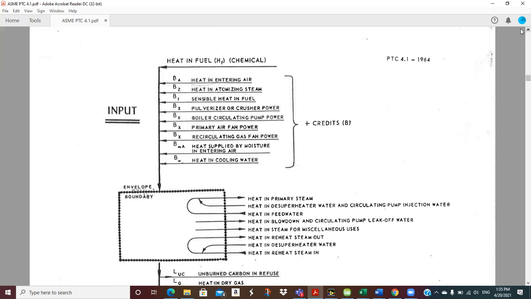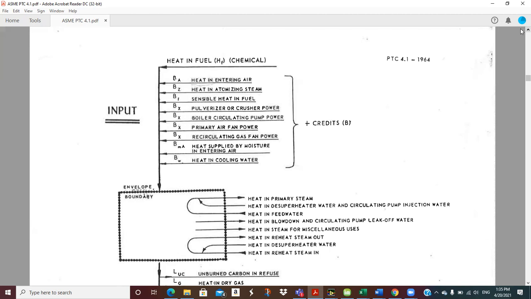Sensible heat in the fuel. If it's pulverized coal, at whatever condition it enters the boundary, it has some temperature. It's not absolute zero. So it carries in some sensible energy with it. Pulverizer or crusher power, that's usually an electric motor that's spinning. And so that electric energy that makes the pulverizer spin is considered to be within the control volume.